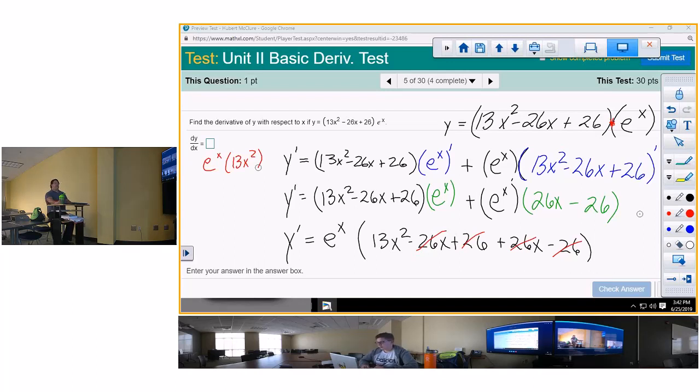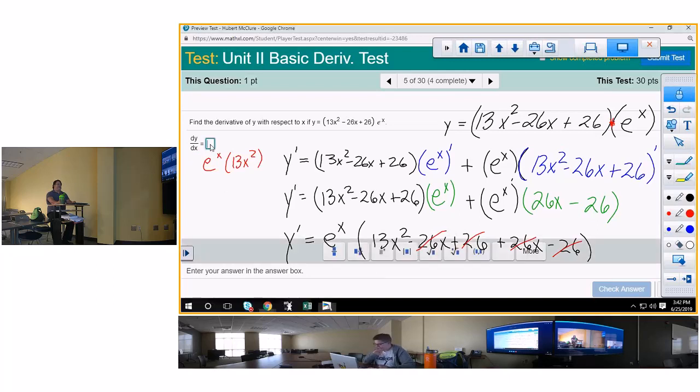So you should be able to, let's do 13 e to the x squared. See what it does. 13, and then we're going to put e to the x, and times x squared.